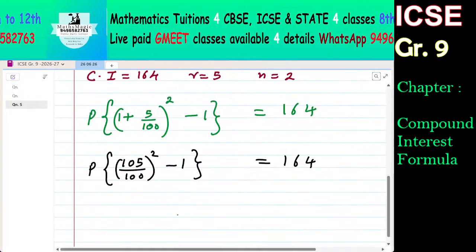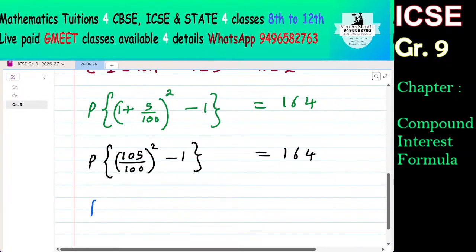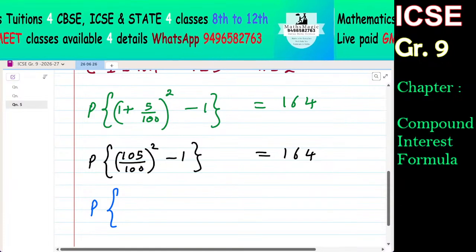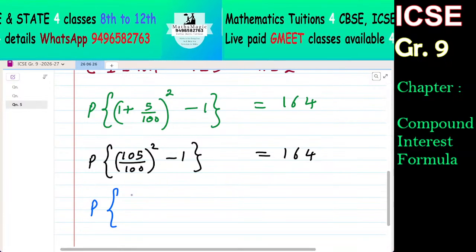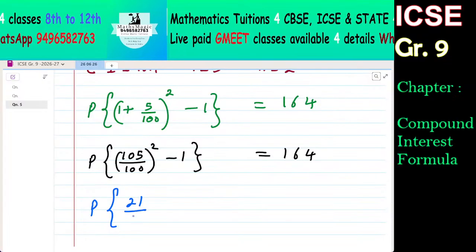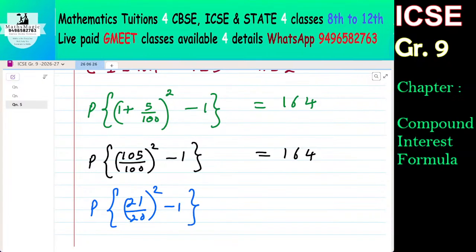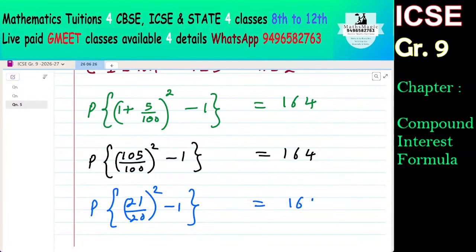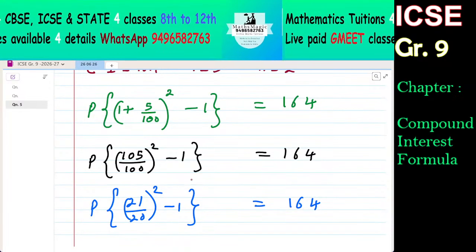And if you wish to simplify, 5 by 100 will be 1 by 20, so you will have 21 by 20 whole squared minus 1. Which one you like? You can write the type or method you like.